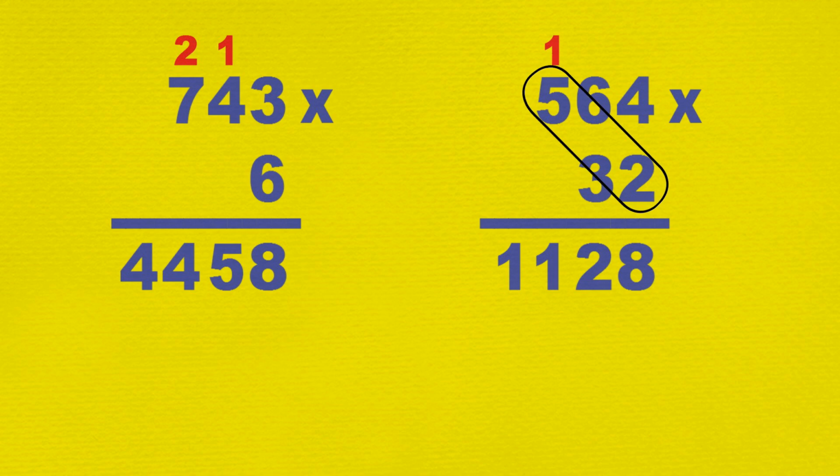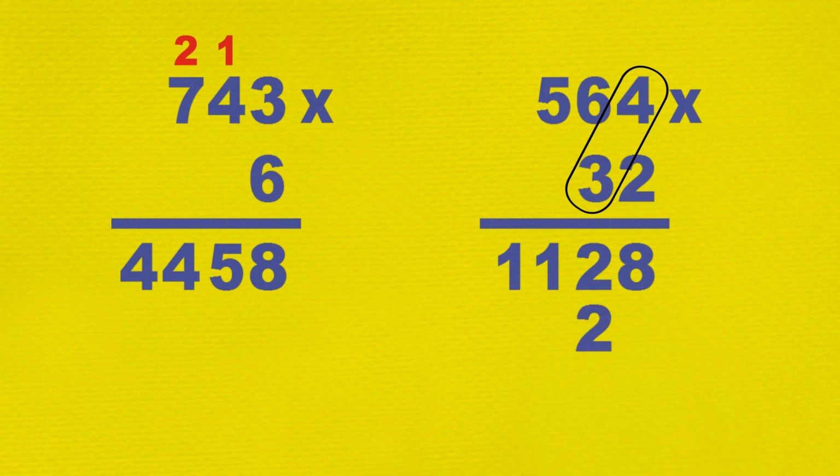Now we multiply the 564 by 30, that is, the 3 in the tens position. 3 times 4 equals 12. The 2 is written under the 3 in the tens position, and the 1 is added to the tens position. 3 times 6 equals 18, plus the extra 1 equals 19.